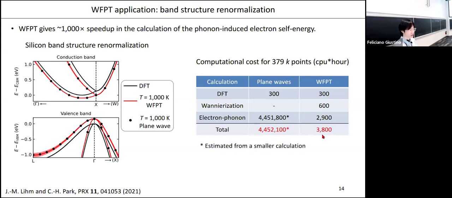However, using Wannier function perturbation theory, you need to pay a small cost due to the fact that you need to Wannierize everything. But after that, calculating the self-energy, the electron-phonon coupling is extremely cheap, and you can calculate everything using 100 cores within a day or two.